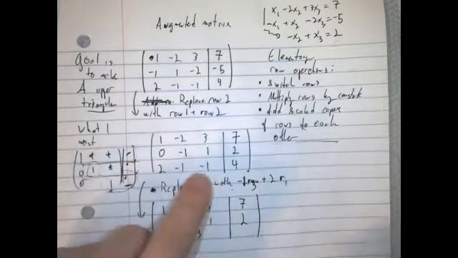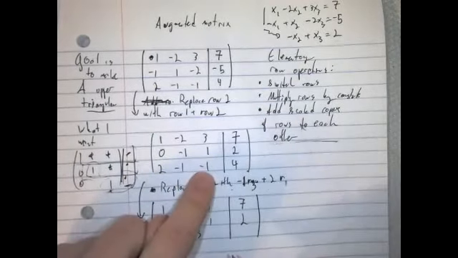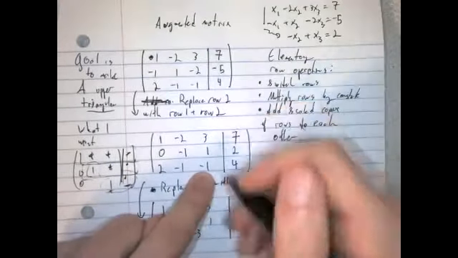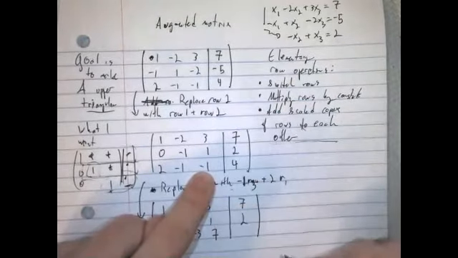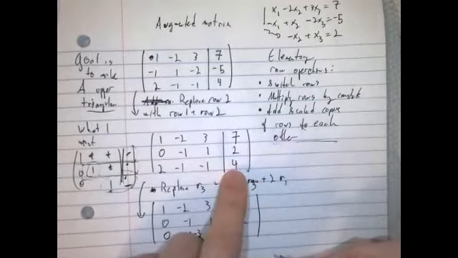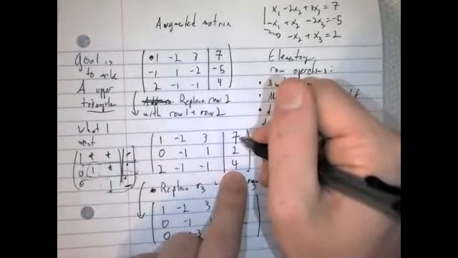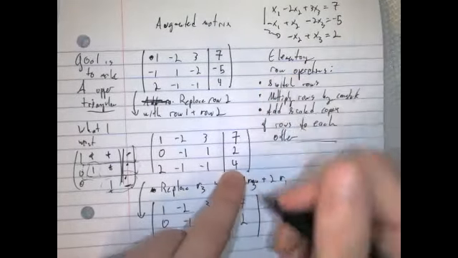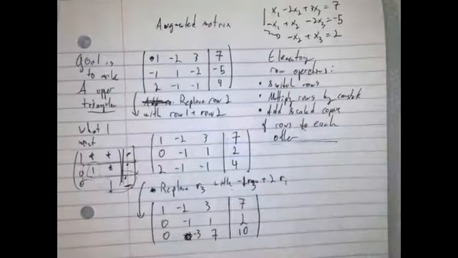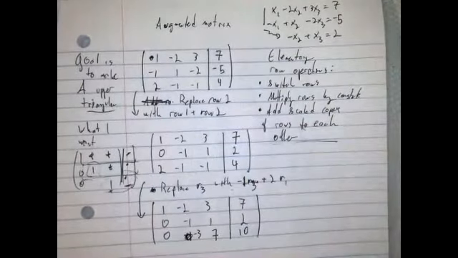Yeah. Then the last one, I do negative of this plus 2 times this, so I get a 7. And then negative of this plus 2 times this, so -4 plus 14 is 10. We okay?